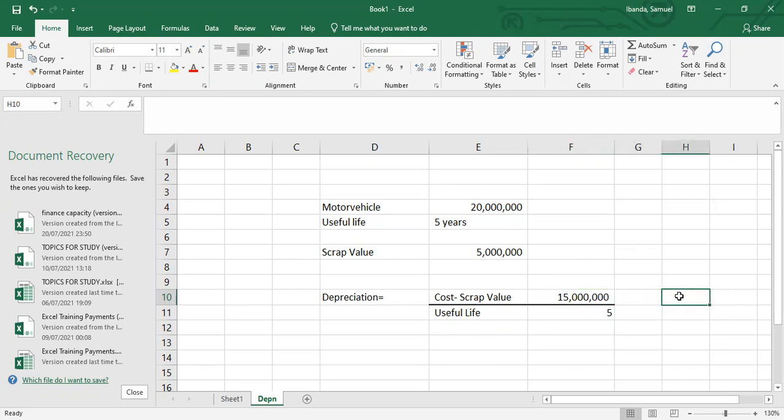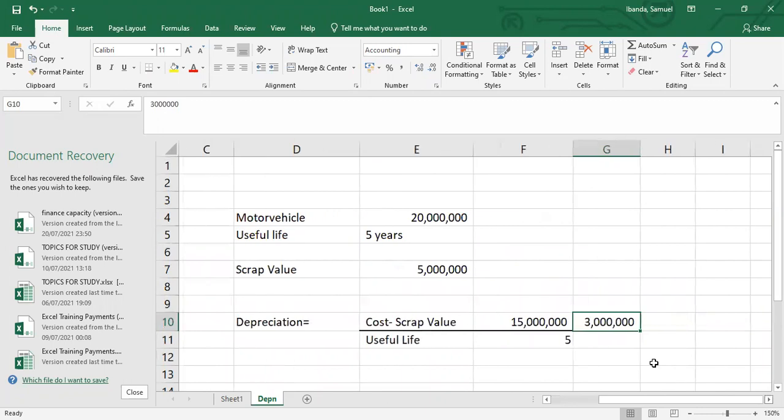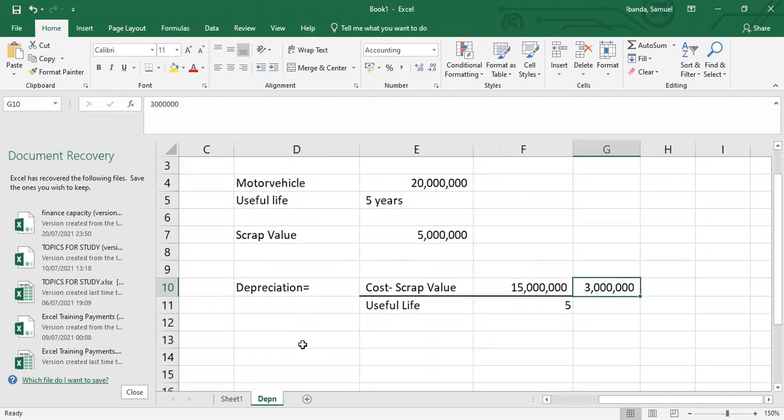And this at the end of the day will give me my depreciation: 15 divided by 5, that is 3 million. So the 3 million is my depreciation.